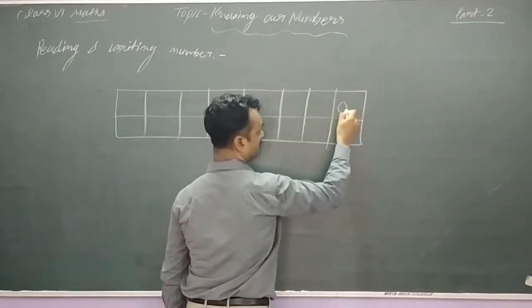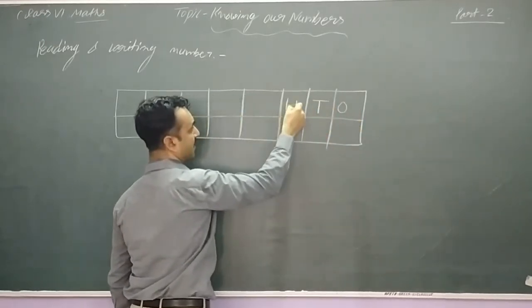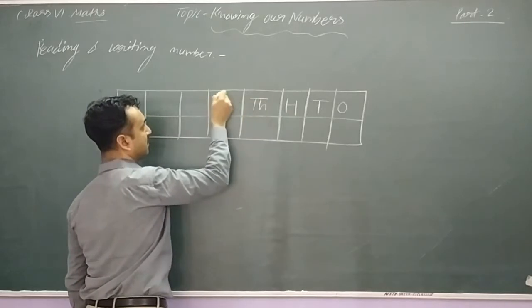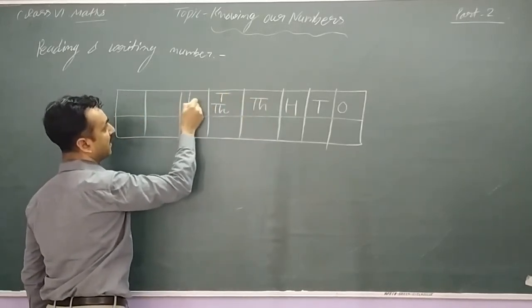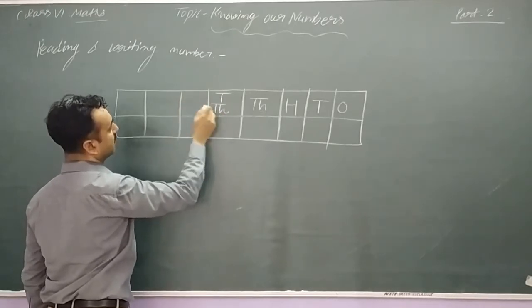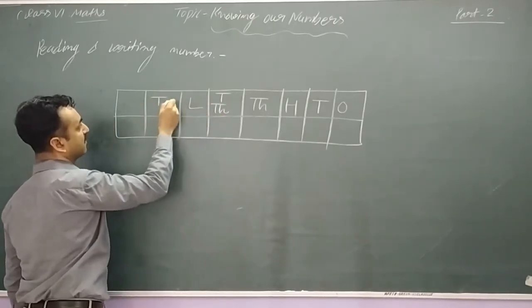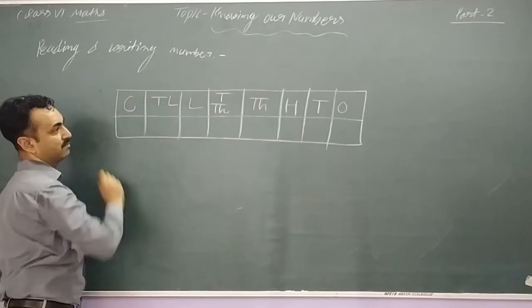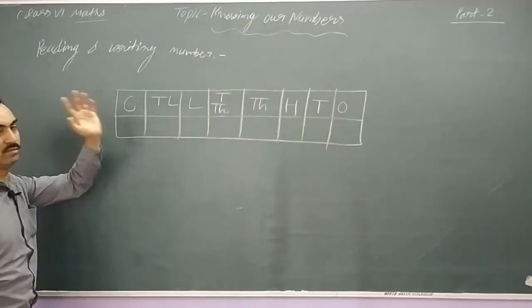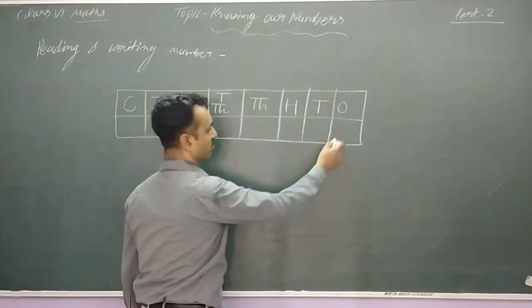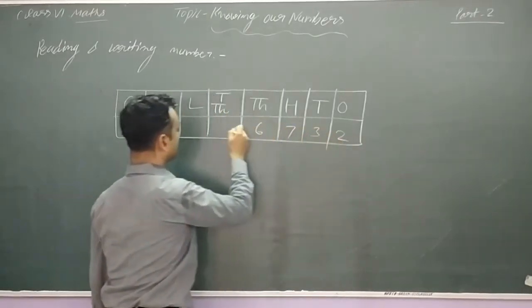This is ones, this is tens, this is 100, this is 1000, this is 10,000, this is lakh, this is 10 lakh, and this is crore. Ones, tens, 100, 1000, 10,000, lakh, 10 lakh, crore. Clear? Suppose we are writing the digits of some number.